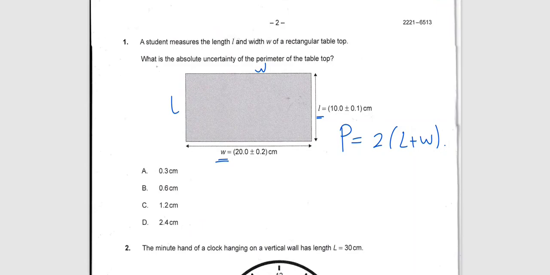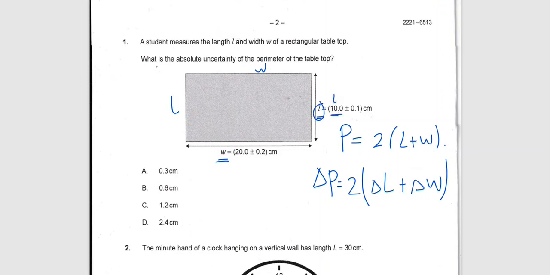If I need to find the absolute uncertainty, if you have addition or subtraction, you always add the absolute uncertainties. So the absolute uncertainty for the perimeter will be twice delta L, and delta W also twice. Now, what is the uncertainty for length?